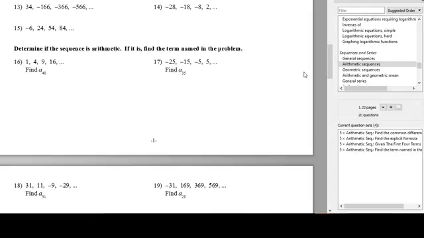Okay, so that would be a_n equals negative 25 plus 10 times n minus 1. Okay. And so A35.